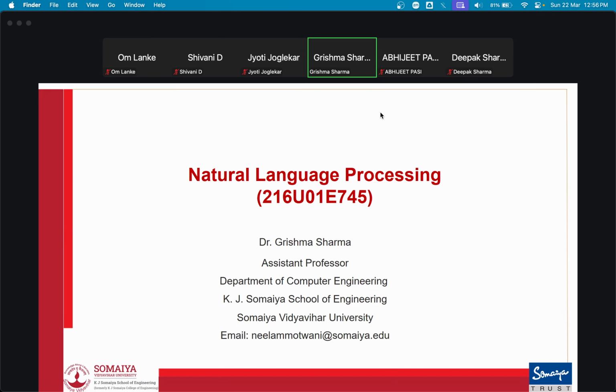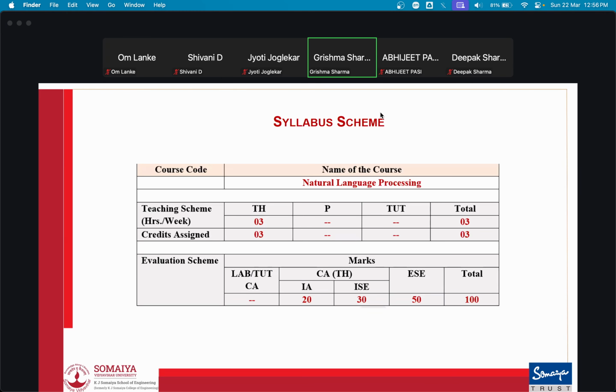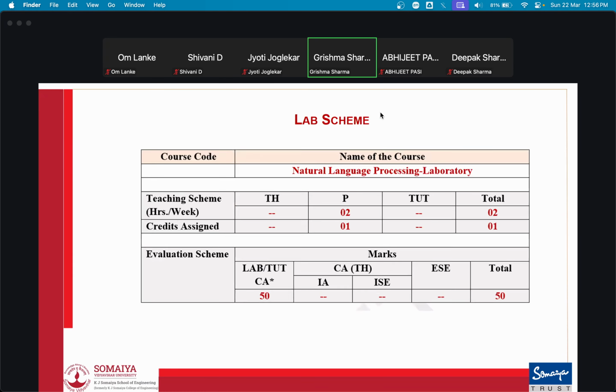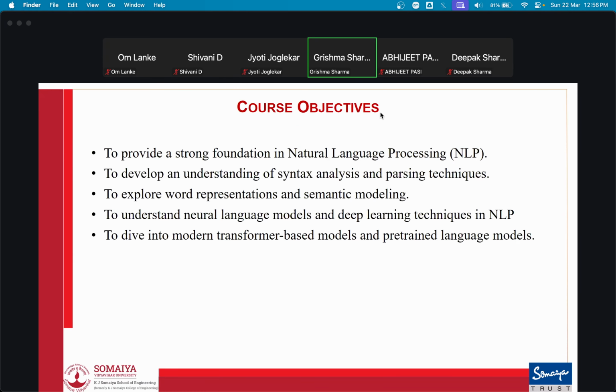Myself, Dr. Grishma Sharma. I'll give you a brief overview about the natural language processing subject for the 7th semester elective. As this scheme is already explained by Dr. Archana Gupta ma'am, I'm just going through the objectives. Natural language processing is about studying the fundamentals of all text processing applications.